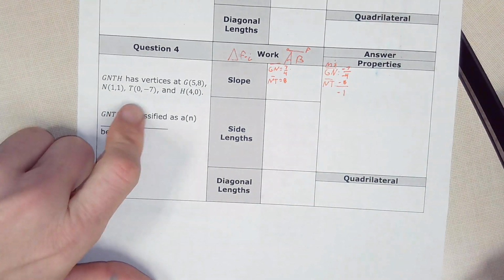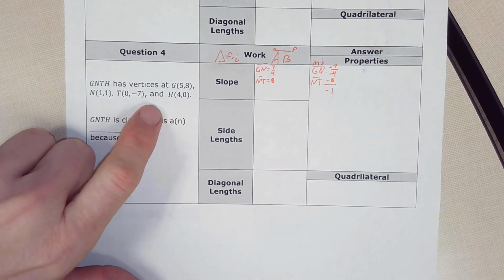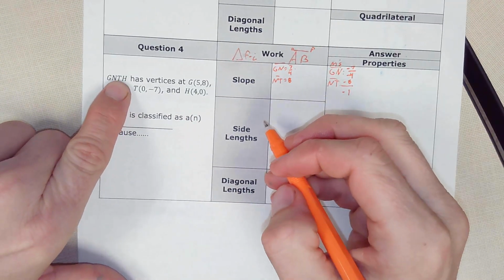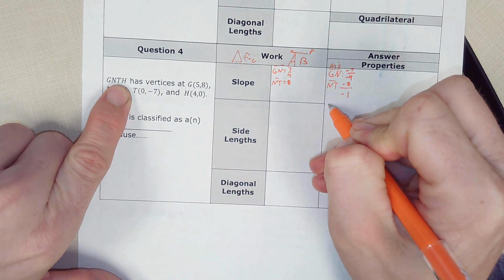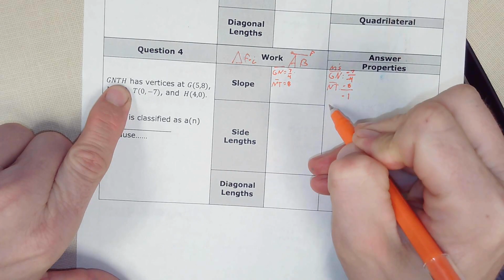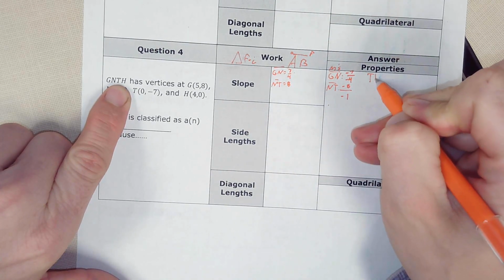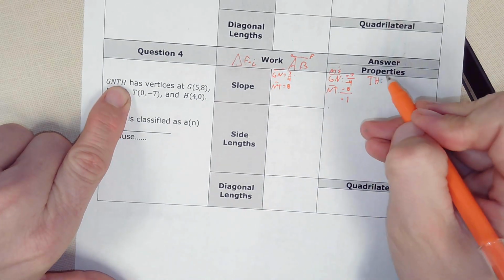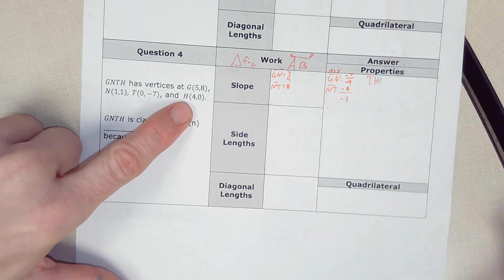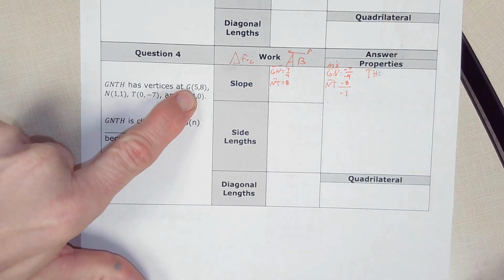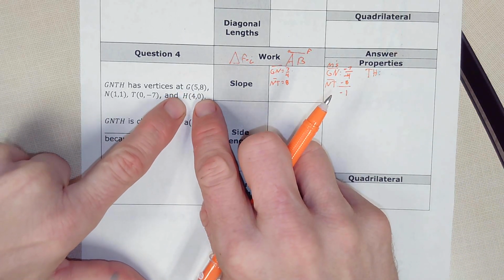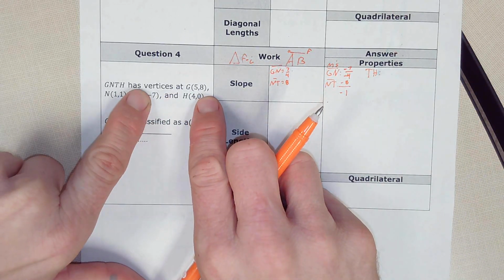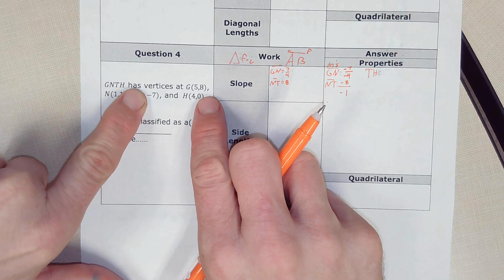All right, so then next is TH. I'll put it over here. TH, starting with H, we have 0. My H, and then my T value is minus negative 7, so that's 7.